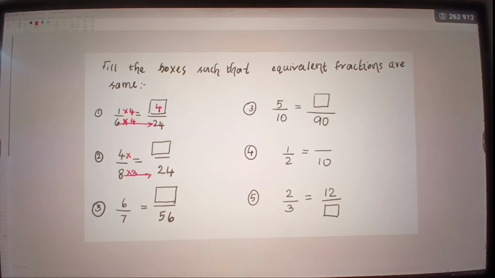So 12. Like that you can do. Here 10 to 90, you want to figure out what operation. The same operation you can do on the numerator. So from 2 to 12, how do you get it? Multiply by 6. So you do the same operation, multiply by 6. Like that you find the remaining.